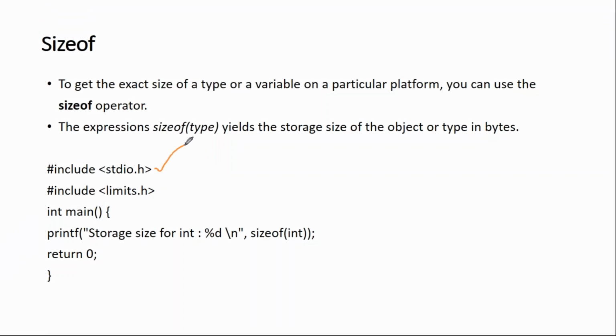These are the common, standard input output .h header file, and limits. The function called sizeof needs this resource. This particular resource is called a header file, which is needed to run this operator or function. That's why we have included it here, so that we can find out this particular data.